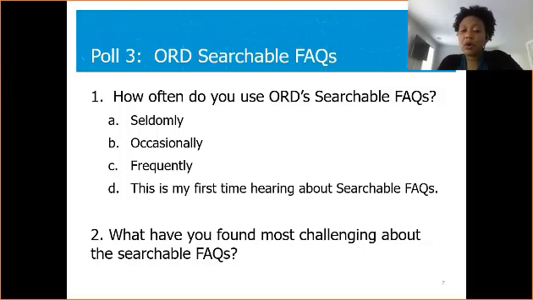And then the second part is a sentence, a word or two, a short phrase: what have you found most challenging about the searchable FAQ? Sometimes nothing's challenging, but it's going to help us as we figure out how best to optimize it for you all. Okay, so Erica, if you can launch it. Remember, guys, 2 parts. So scroll down, answer both before you hit submit.